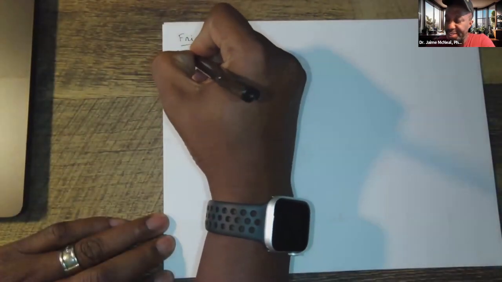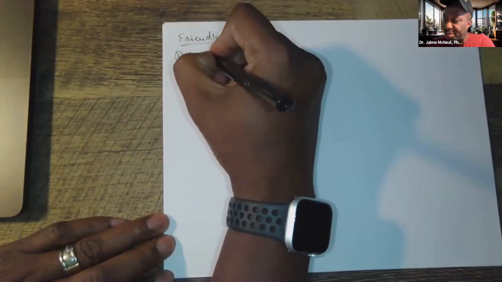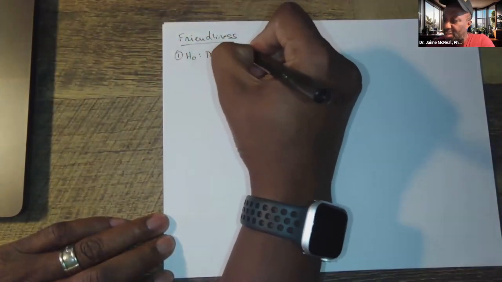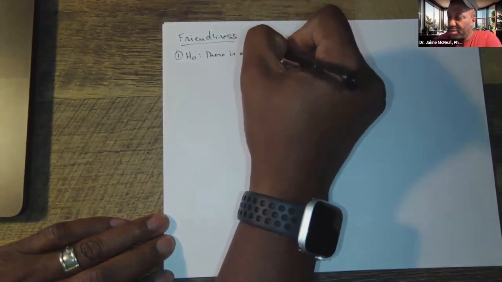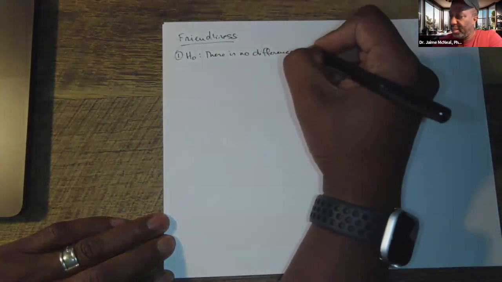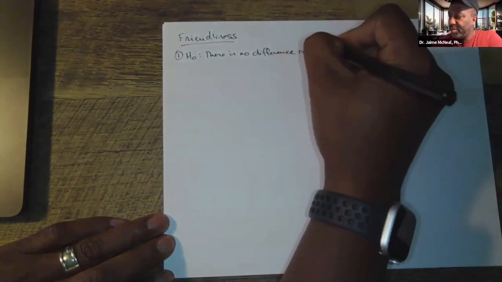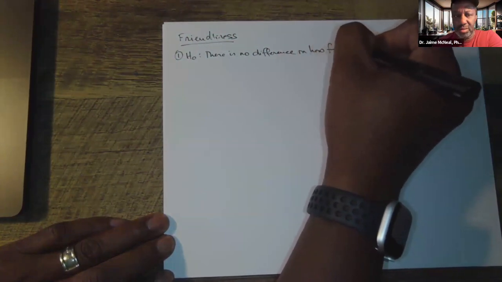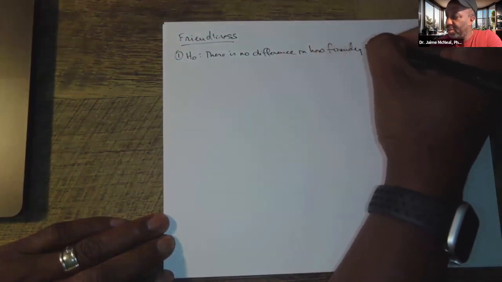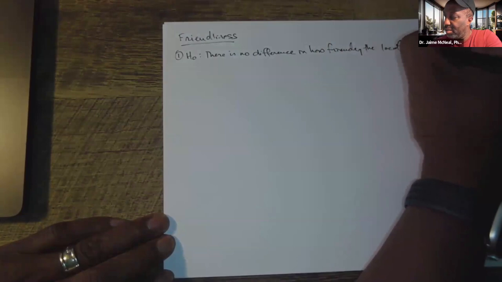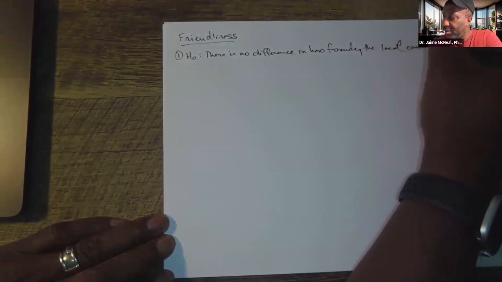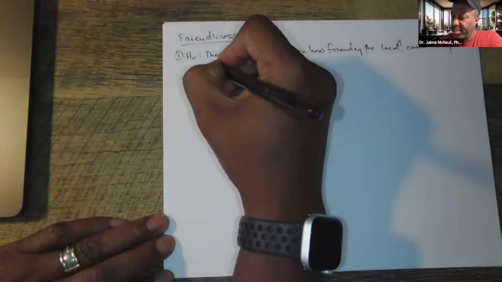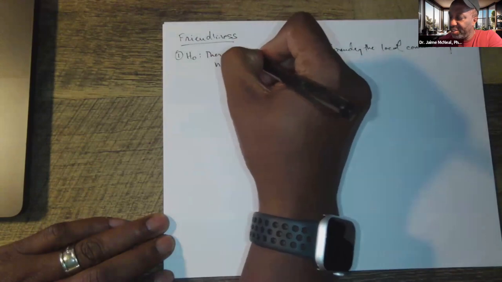The null hypothesis is there is no difference in how friendly the local community is compared to the national average.